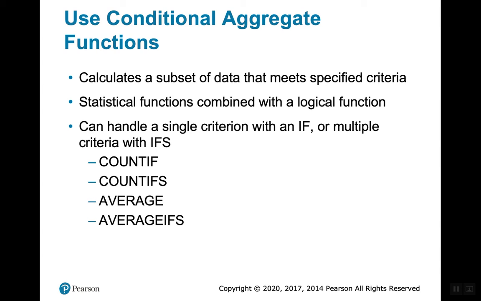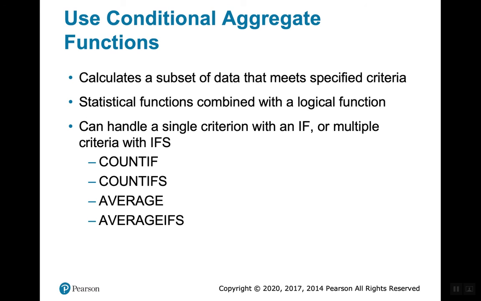One way to do it would be to first execute a statistical function. You can calculate the average, and then do an if on the average, or you could use what we call the COUNTIF, the AVERAGEIF, or the IF or IFS.